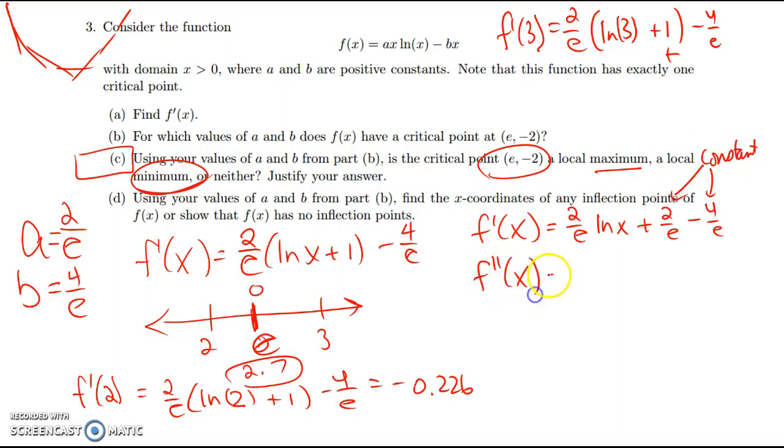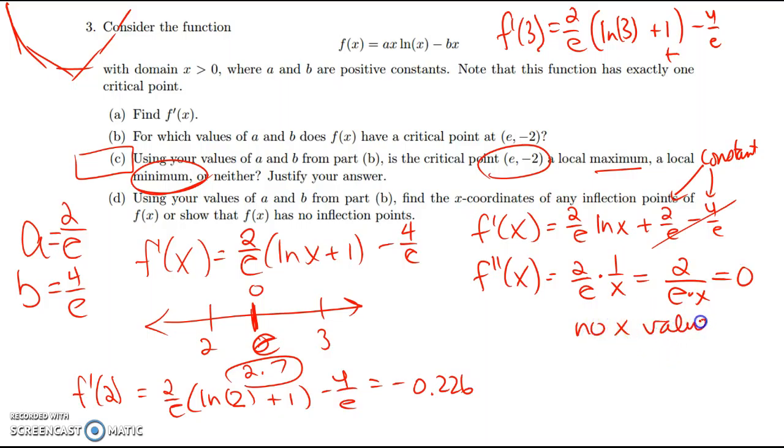F double prime of x is going to be 2 over e times 1 over x, which is the natural log of x. These two go away. So this is 2 over e times x. Guess what? There is no x value that will make that 0. So no inflection points.